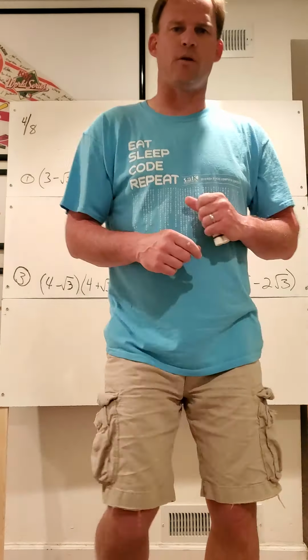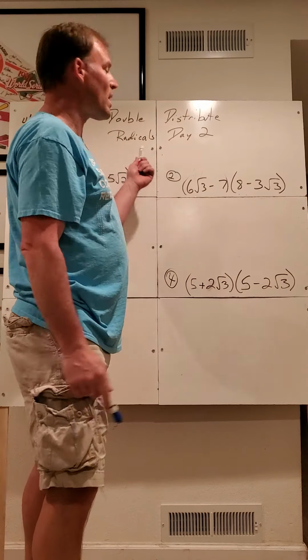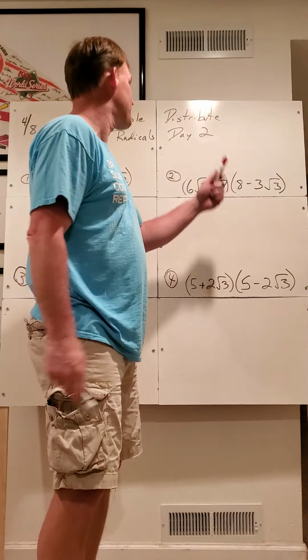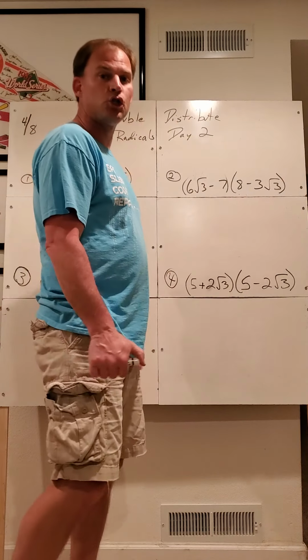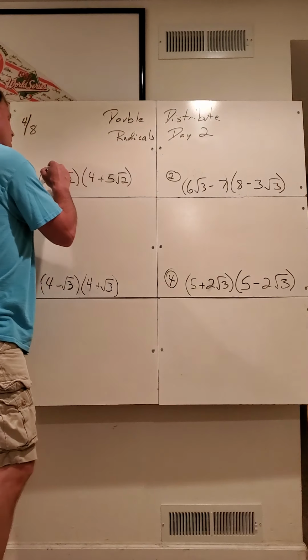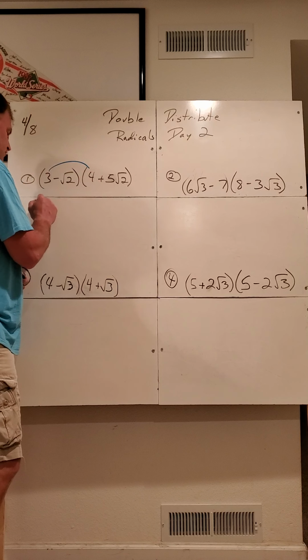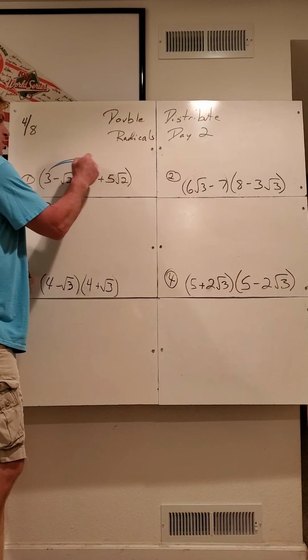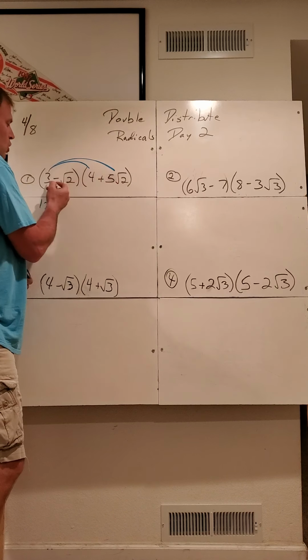But here we are. Double distribution of radicals. We did that yesterday. Day 2. Here we go. Double distribution. It's your friend. We've done it plenty of times. 3 times 4. Whole number. No radical. Don't touch the radical. Easy peasy.